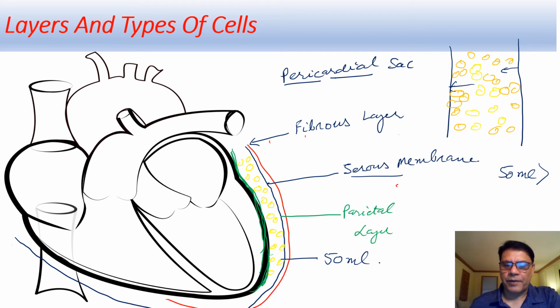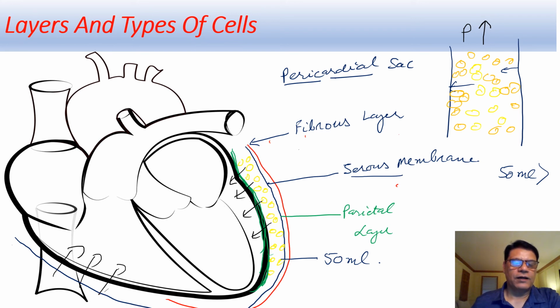And if this pericardial effusion increases to the extent that intrapericardial pressure is increased, and this pressure pushes the walls of the heart inward and hinders its normal performance, this is called cardiac tamponade.